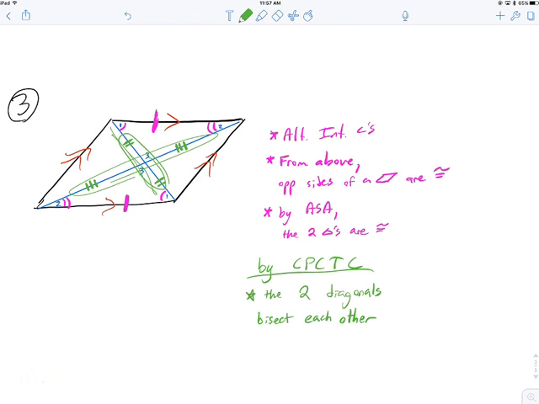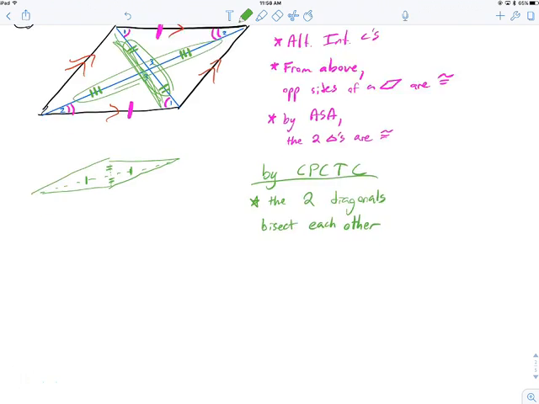This one here seems to be a lot shorter, and especially if we exaggerate that, we could have a parallelogram like this, where one diagonal is super short and one is much, much longer. So notice this is not saying the two diagonals are congruent to one another. It's just saying that this one gets cut in half and the other one gets cut in half.